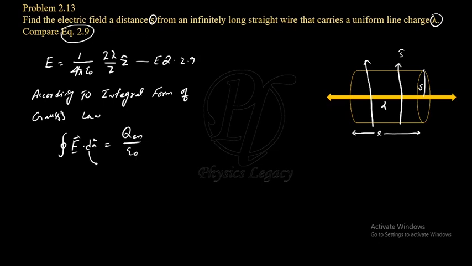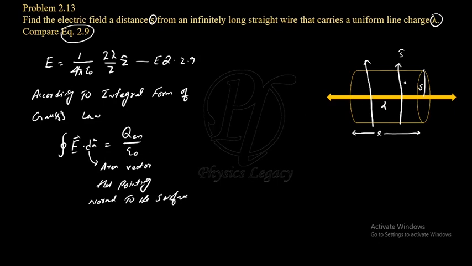Here dA is an area vector, that is pointing normal to the surface.